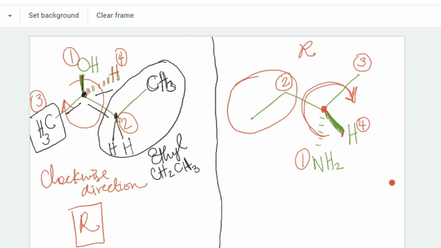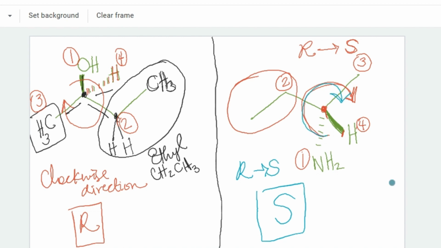But because the fourth priority is coming out of the page, it will go from R, which is the clockwise, to the reverse, which is the counterclockwise. So our answer is going to be S because S is the counterclockwise, the reverse of a clockwise. So really we're going to be switching from the R to the S. So the configuration, even though it's going clockwise, we're going to assign it an anti-clockwise configuration. So this is the answer to this.